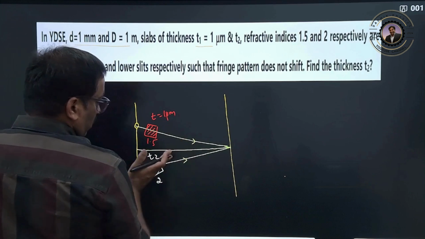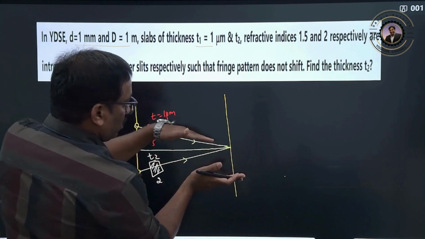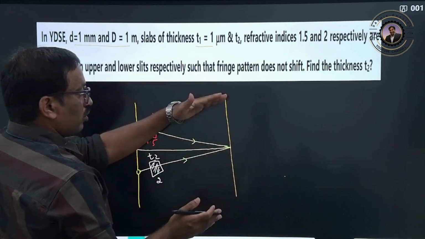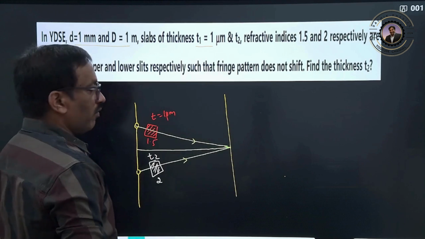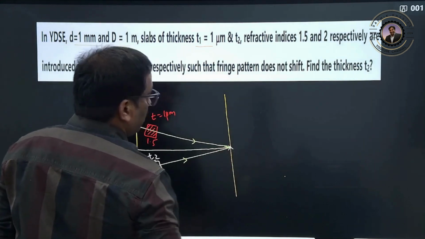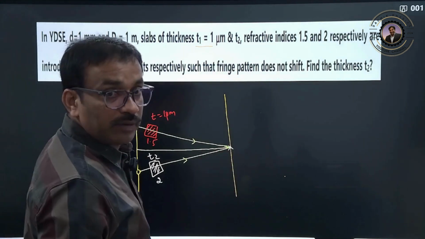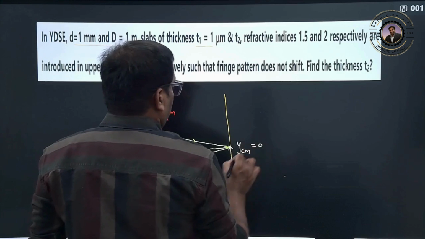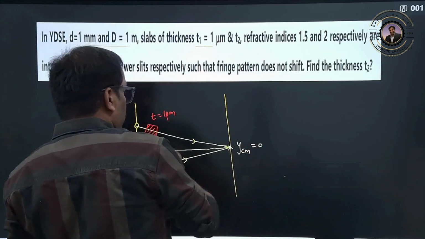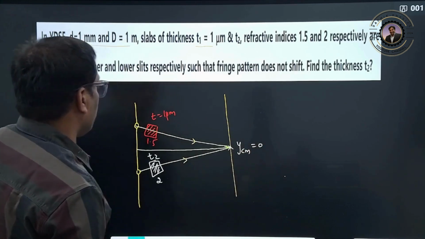Due to this one it will be shifted upward, but due to the other one it will be pulled downward. So finally the central maxima will be kept at this point only. So y_CM will be 0 only. Which one is creating more path difference?